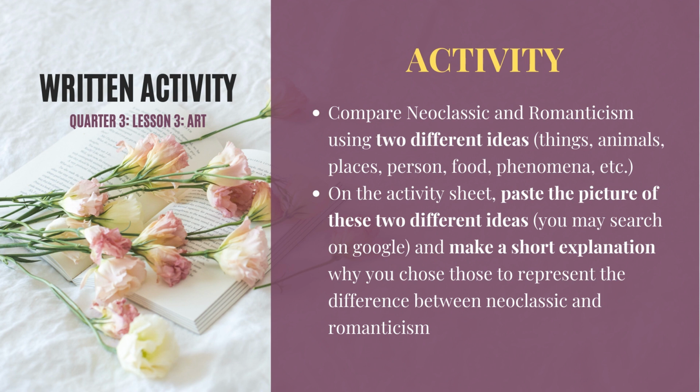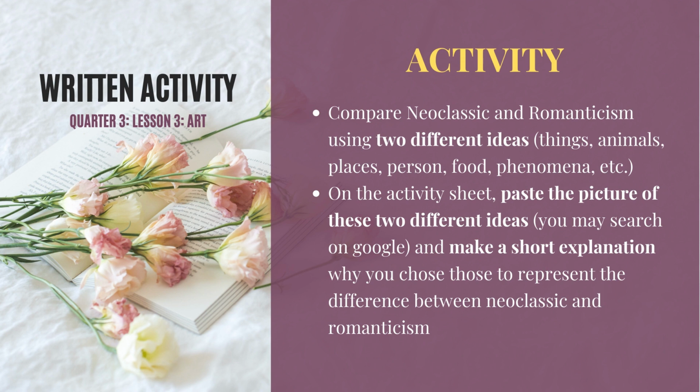Basta ang idea lang is pagko-compare ninyo itong dalawang different ideas na ito. And then, on the activity sheet that I'm going to post on Google Classroom, you will paste the picture of these two different ideas. You may search on Google and then make a short explanation why you chose those two different ideas to represent the difference between Neoclassic and Romanticism.